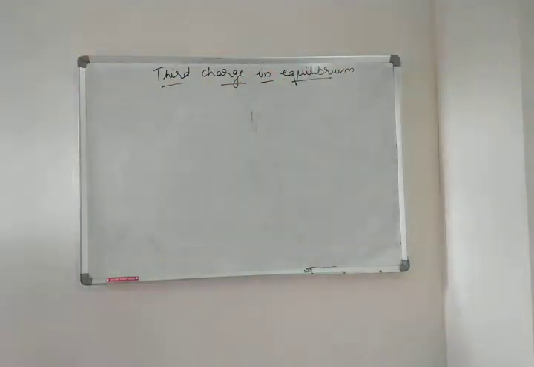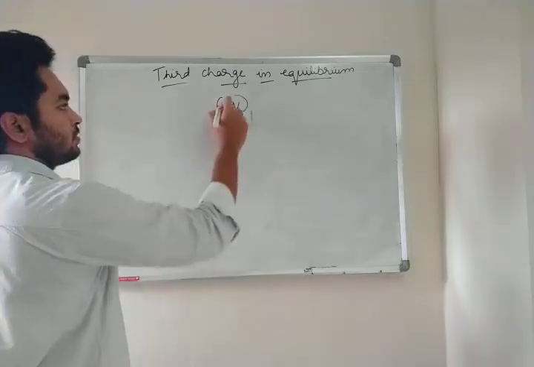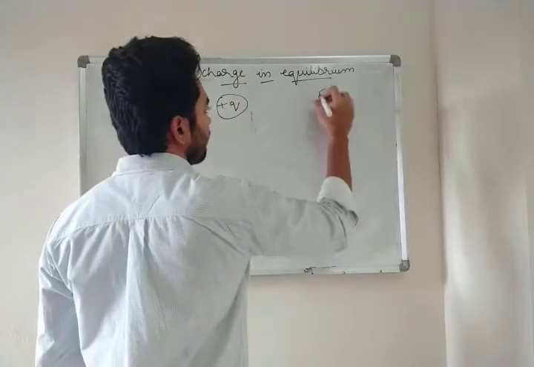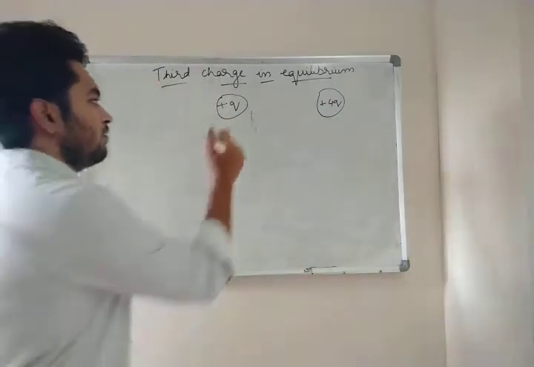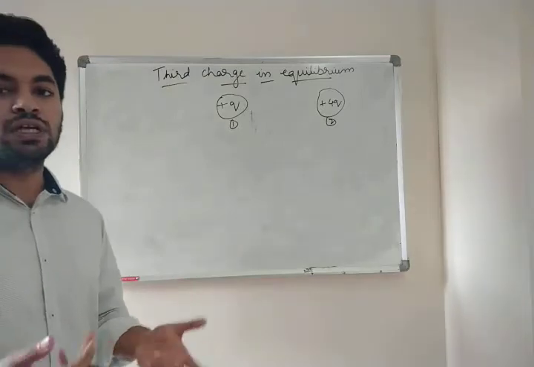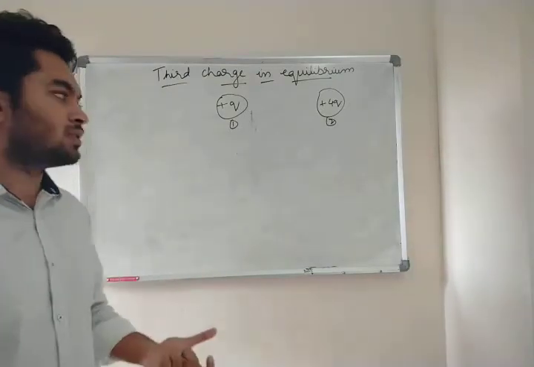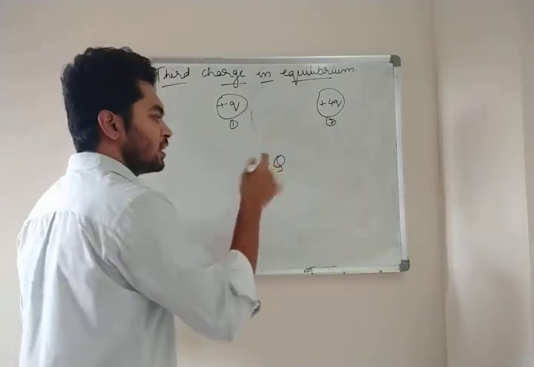Now suppose here you have plus q charge. Suppose you have plus q and you have plus 4q, for example. Now you already have first charge and you already have second charge. Now what you should do is you have to bring one more charge q. It may be plus or minus. Let us say plus q.